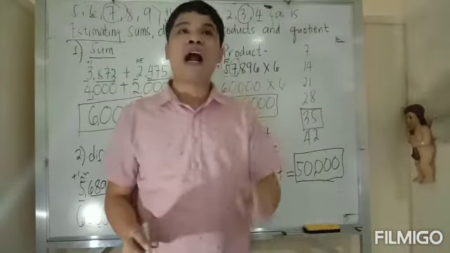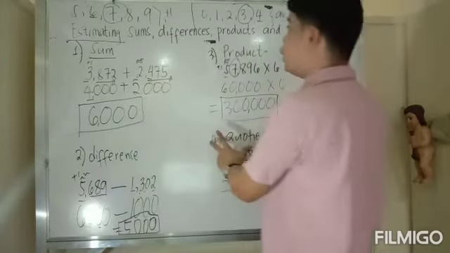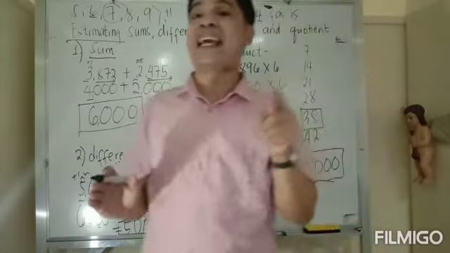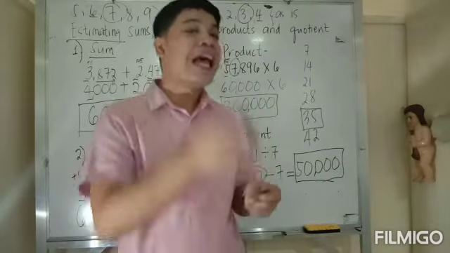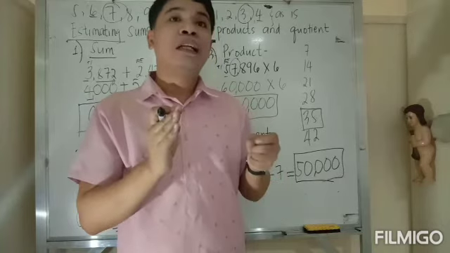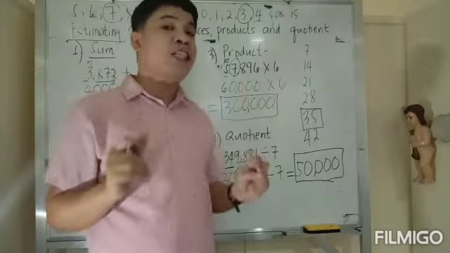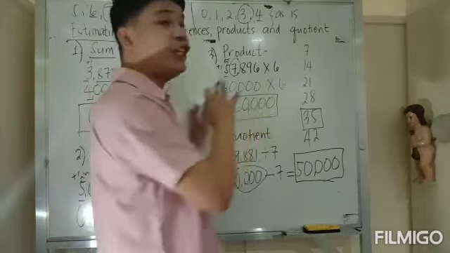That is how we are going to solve for the quotient. You will not estimate to its highest place value. What you will do is, again, find the nearest multiple of the number here to your divisor. Okay? So that's all for today, guys. I hope you learned a lot from this video tutorial.